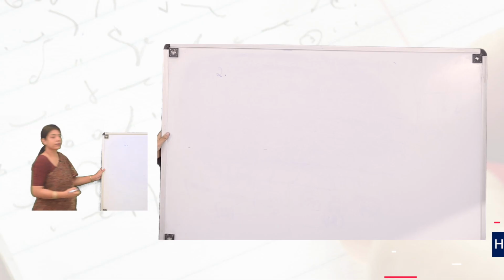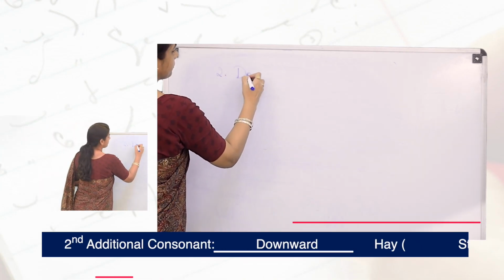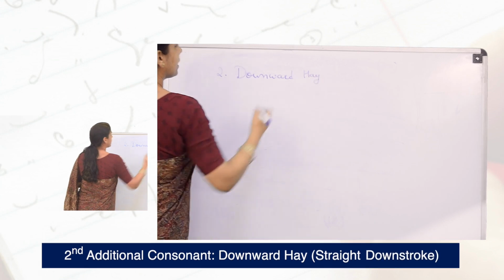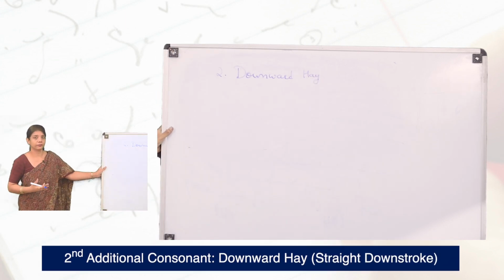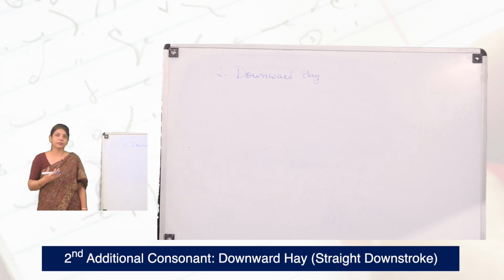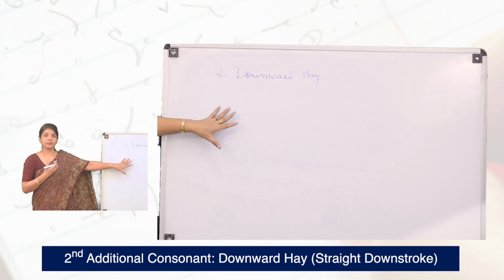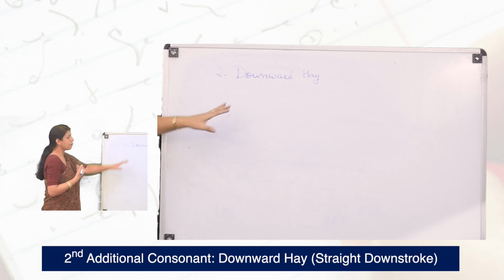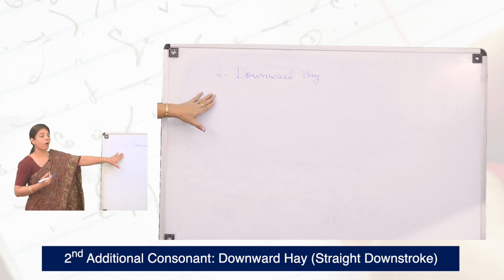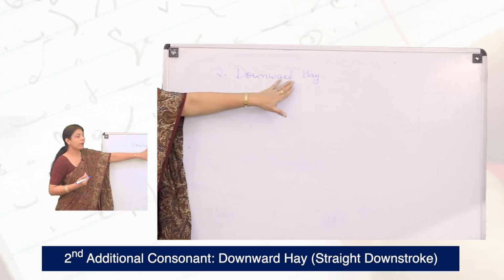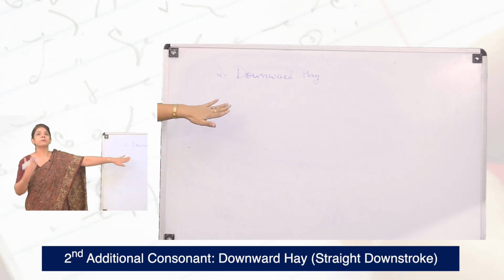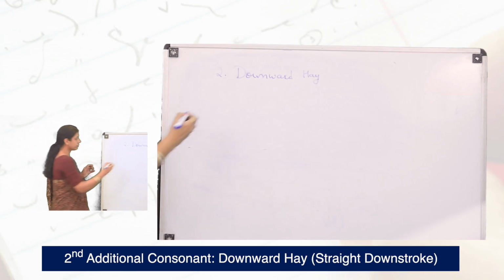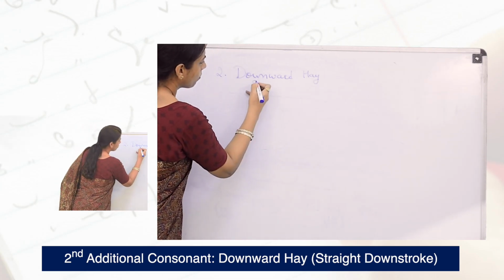The second additional consonant is downward He. As we just learnt in the categorization of consonants, He is a curved upstroke. But there is one more alternative form or additional consonant known by the name downward He. Now by the name itself you can make out that it has to be written only in downward direction, so top to bottom.